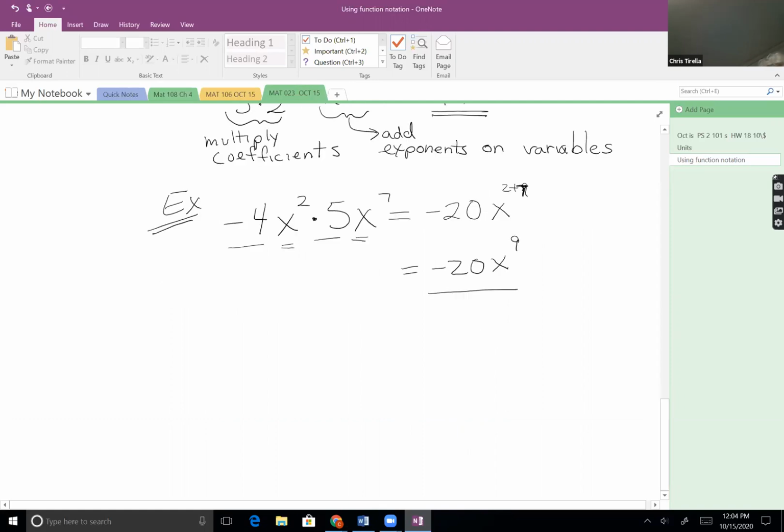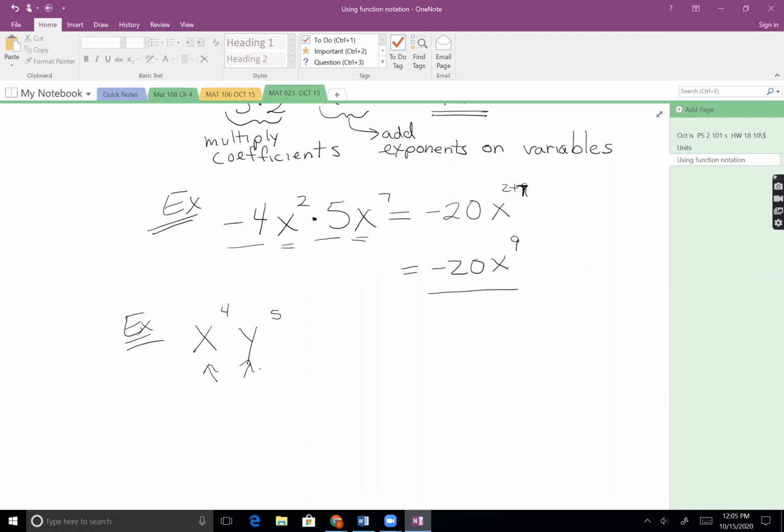Next one then. What if I have, last example, x to the 4th times y to the 5th? Do they have the same base? No. This one has a base of x.